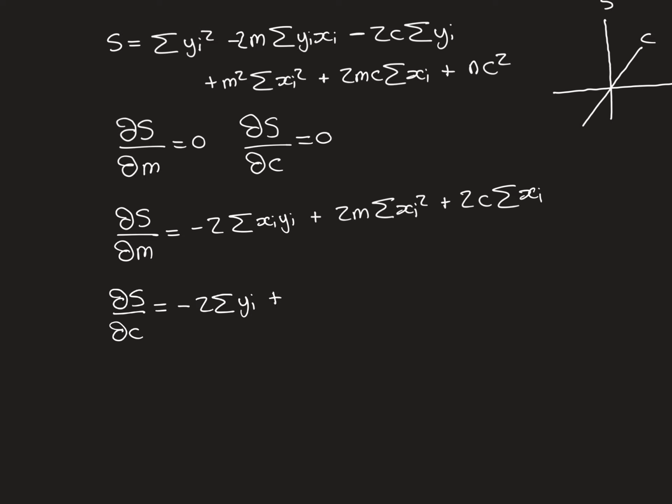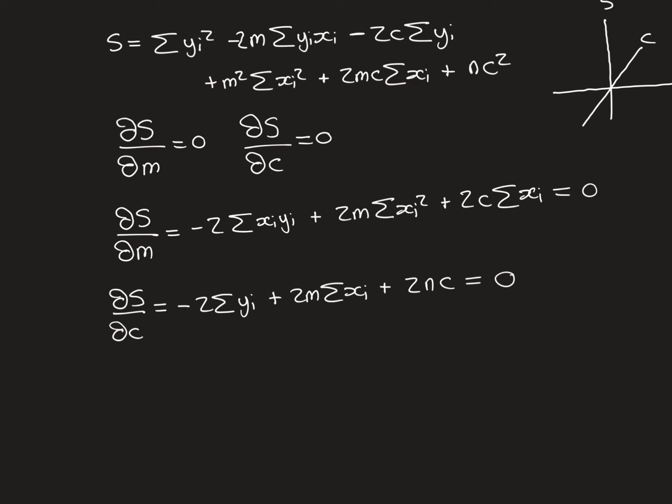And then we've got plus 2m, the sum of xi, because again, we view the m as a constant as far as the partial derivative is concerned, so it's just a linear term in c. And then we've got our quadratic term, which will go to 2nc.